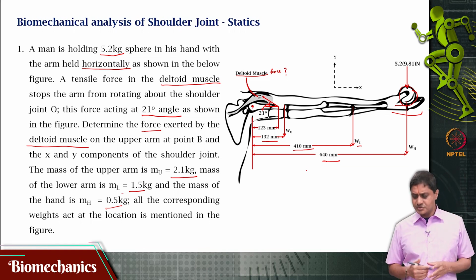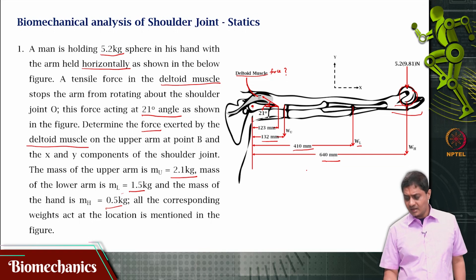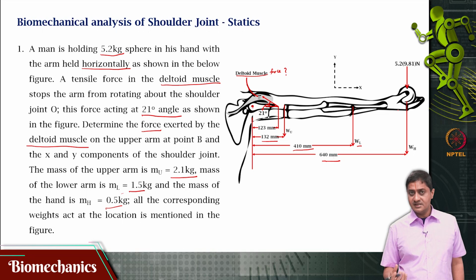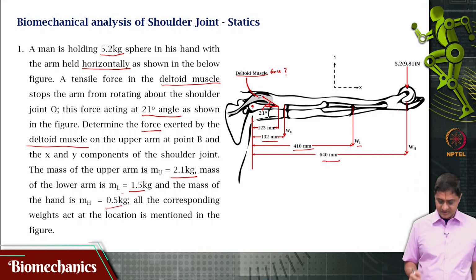And we can assume that the external mass of 5.2 kg is also acting along the center of mass of the hand, so both are aligned. In other words, you are keeping this sphere exactly aligned with the center of mass of your hand, something like this.